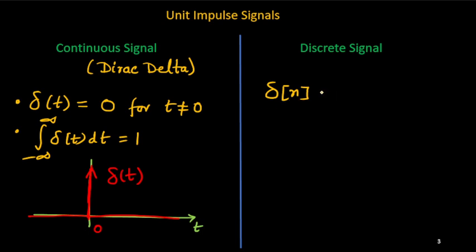At n equal to 0, it is particularly defined, and that will be 1 at n equals 0. There is no issue at all, but it is 0 elsewhere, for n not equal to 0. Everywhere it is 0. So it is particularly defined, and this kind of delta function is commonly called the Kronecker delta.